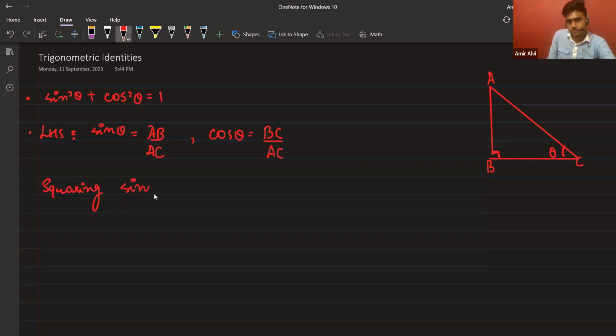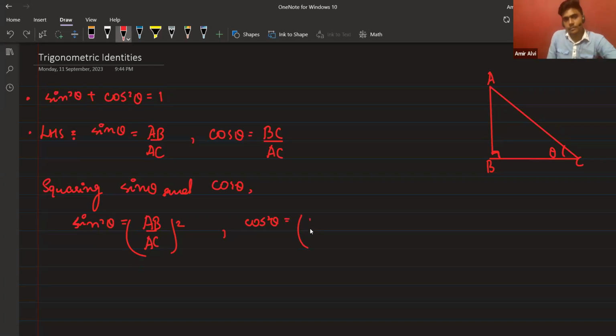Sine square theta will be AB by AC the whole square, and cos square theta will be BC by AC the whole square. Yes or no?